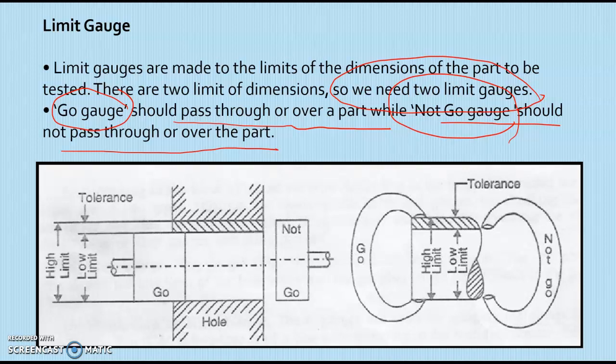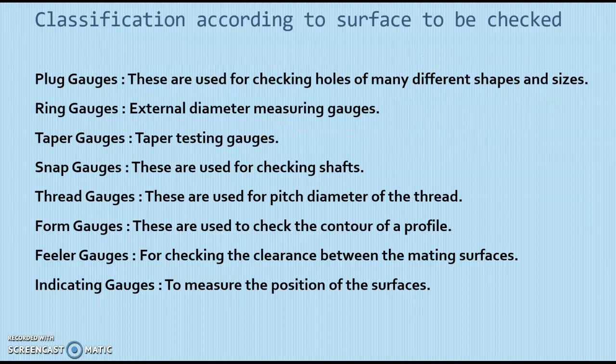The application of the go and no go gauge is shown in this picture for measuring a hole. And here the go gauge and no go gauge are used to check the dimension of a shaft. Further, the limit gauges are classified as plug gauges, ring gauges, taper gauges, snap gauges, thread gauges, form gauges, feeler gauges, and indicating gauges.